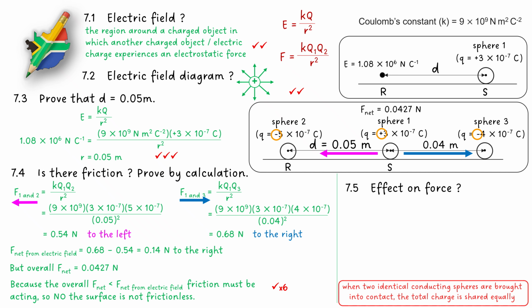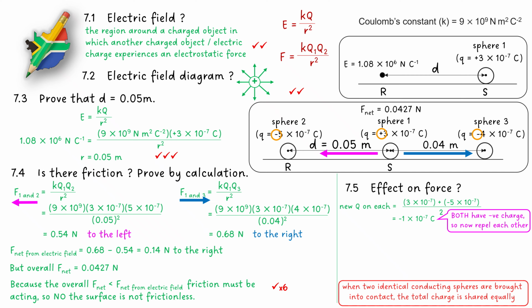The charge is redistributed, and they share the overall charge equally. So we can add the two charges and divide by 2 to give the new charge on each sphere after touching. They will both have the same charge after touching, that is, minus 1 times 10 to the minus 7 coulombs.